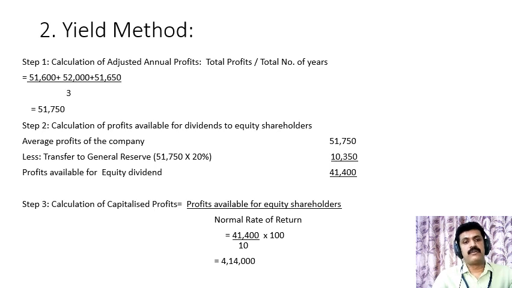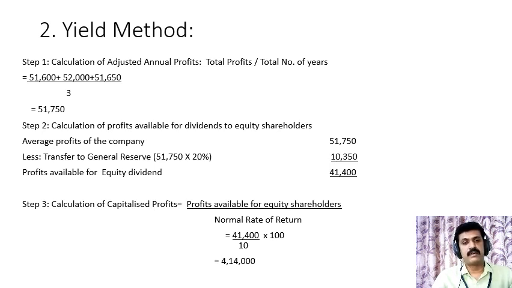In the next step we have to calculate the profits available for dividends to equity shareholders. So it starts with the average profits of the company, that is 51,750. From that, transfer to general reserves are to be made at the rate of 20%, that comes to 10,350, and the balancing amount of rupees 41,400 can be treated as profits available for equity dividend.